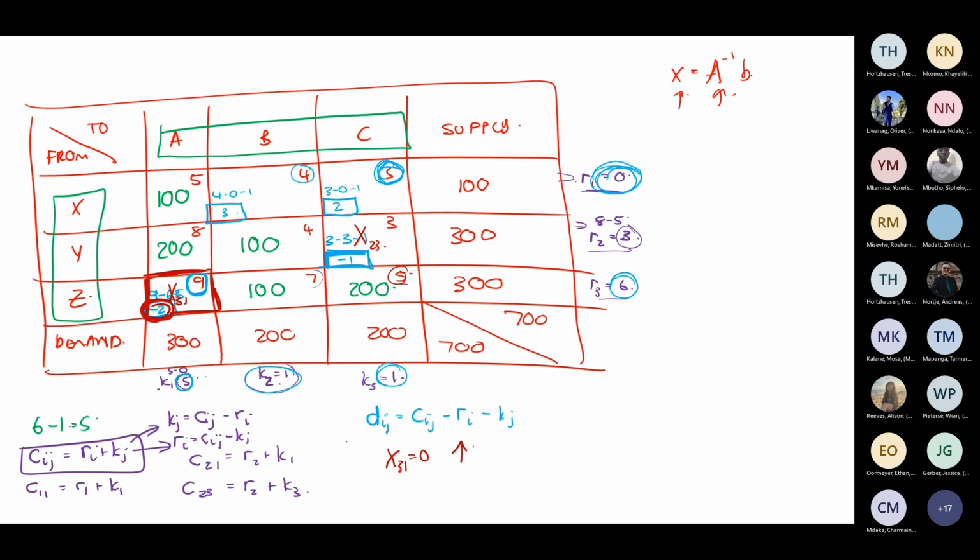So remember, when we have this and you're like, well, x31 is going to increase. Let's just look at this column here, for example. We have x11 and x21. So we have x11 plus x21 plus x31, and it is equal to 300.